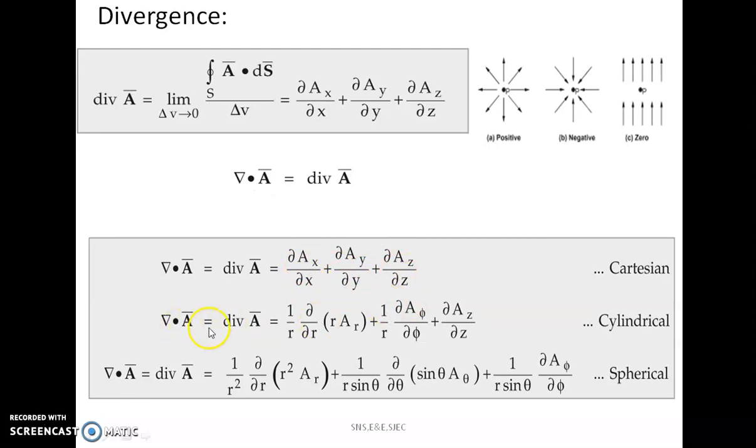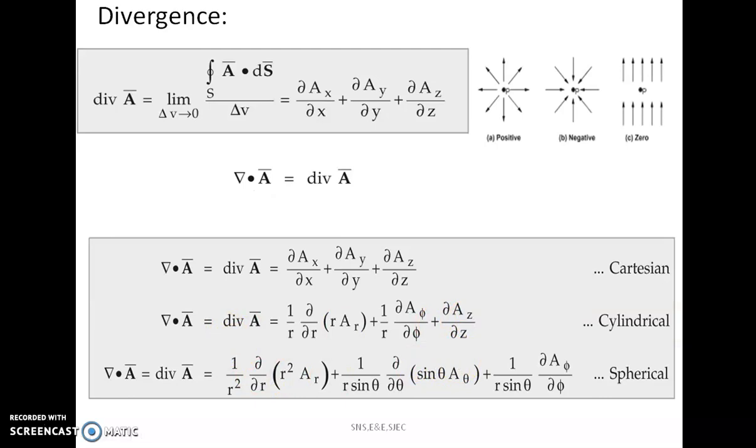Similarly in cylindrical, it is 1 by rho, or 1 by r, into del by del r of A r, plus 1 by r into del by del phi of A phi, plus del by del z of Az. Similarly, there is a formula for the spherical coordinate system.